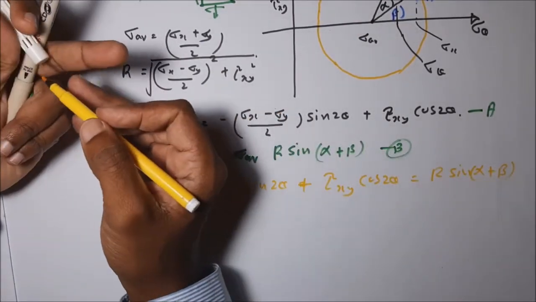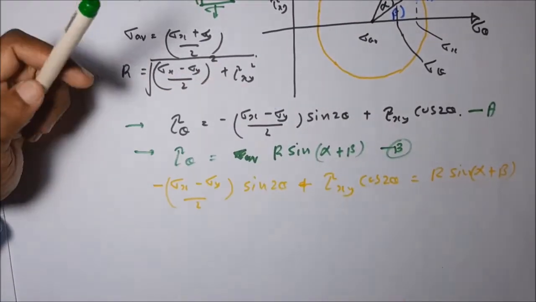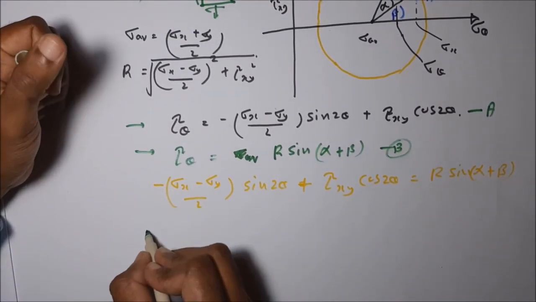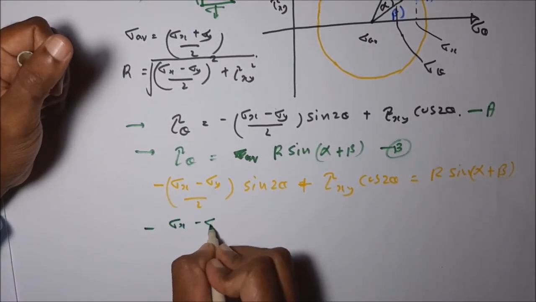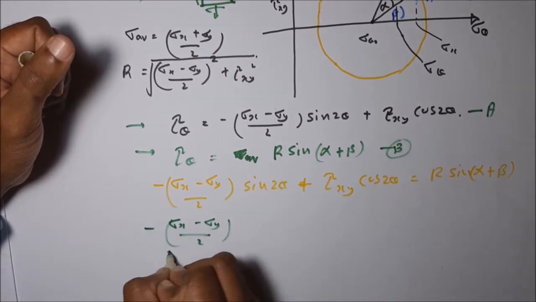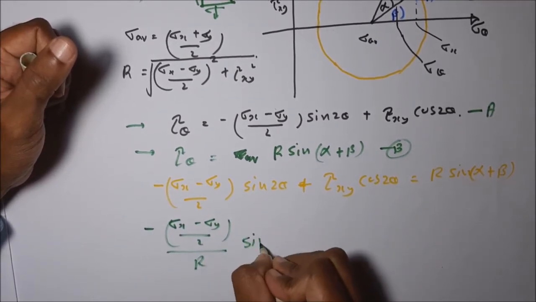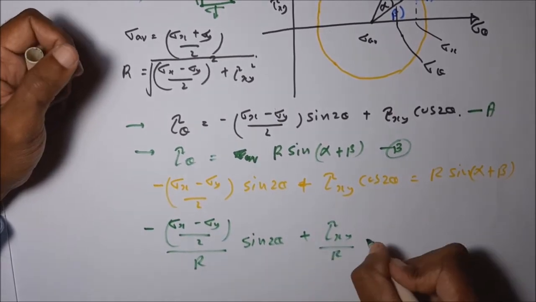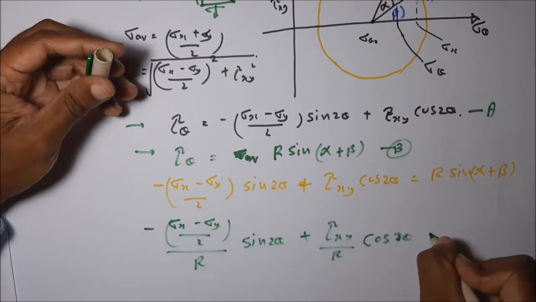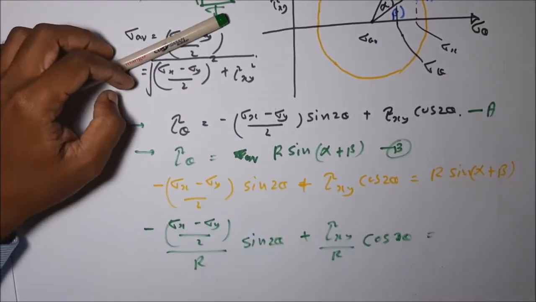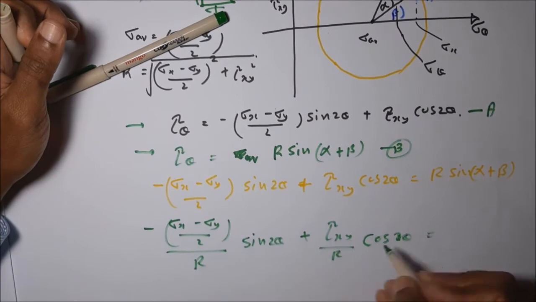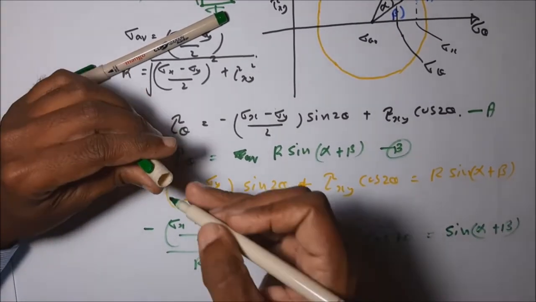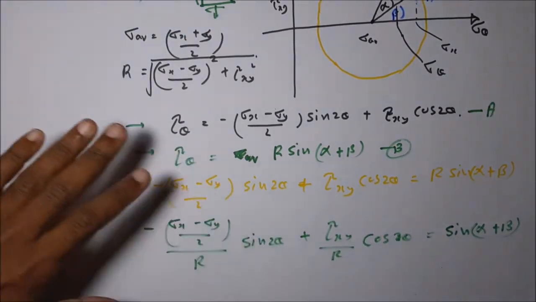The entire equation I am going to divide by r. Then minus (sigma x minus sigma y) divided by 2r sine 2 theta plus tau xy divided by r cos 2 theta is equal to sine (alpha plus beta).